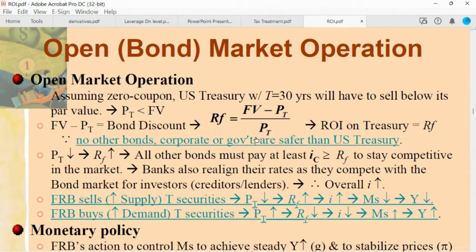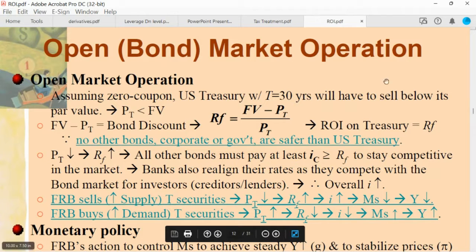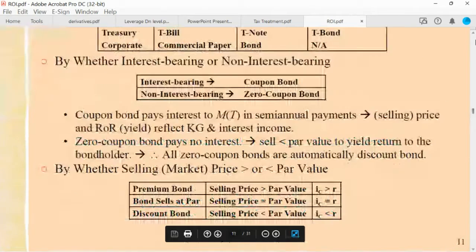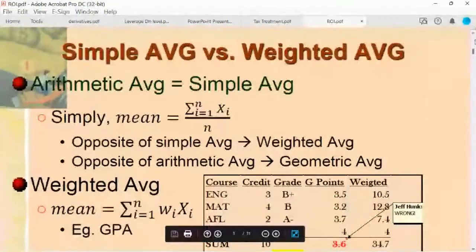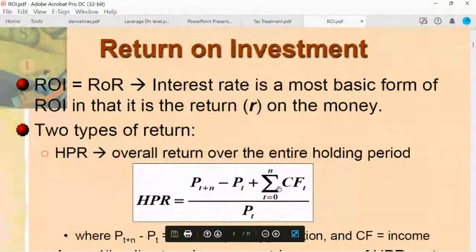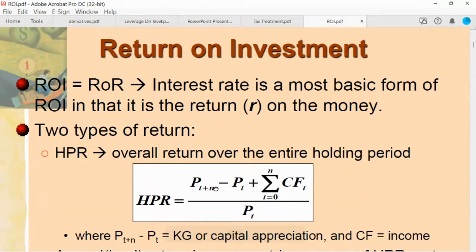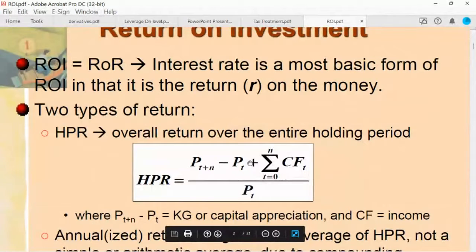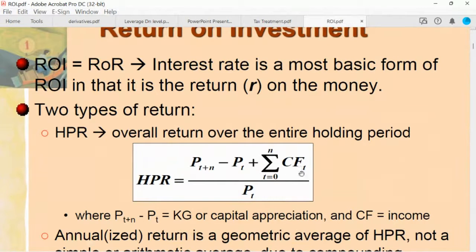So anyway, the point is, remember, the formula to find holding period return includes capital gains, that's P_(t+n) minus P_t, and this is additional income, the sum of all the cash flows.